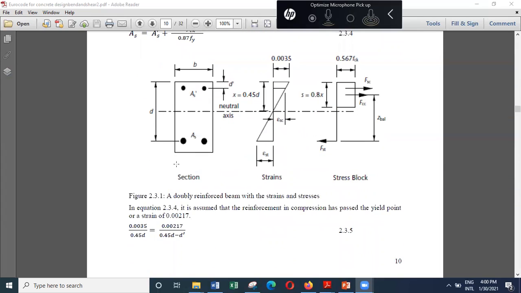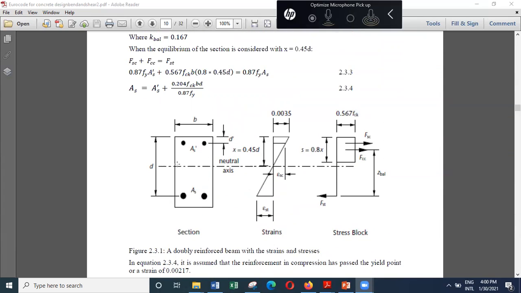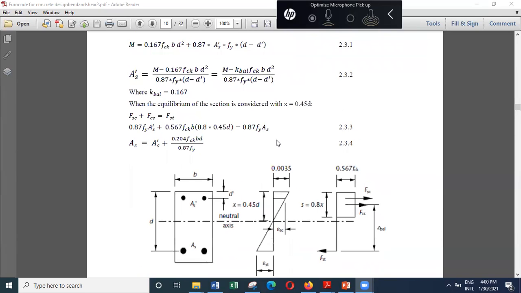So you'll end up with this equation, but there's a small check we have to make sure. We have to carry out a small check to assure that the use of this 0.87 Fy times As dash is actually correct.